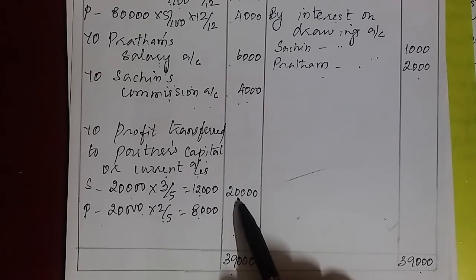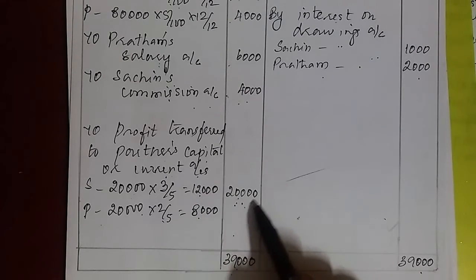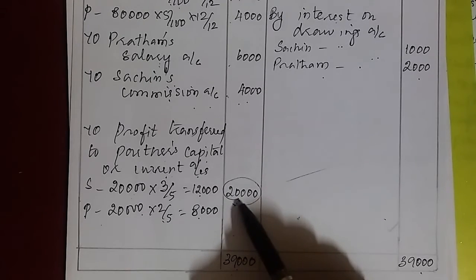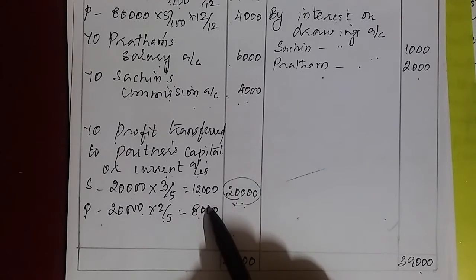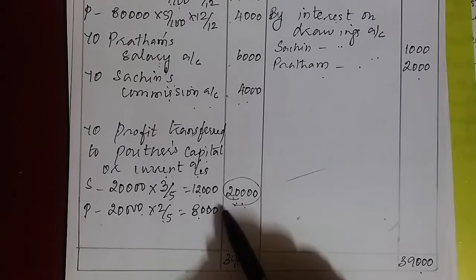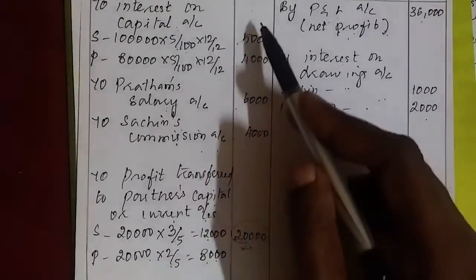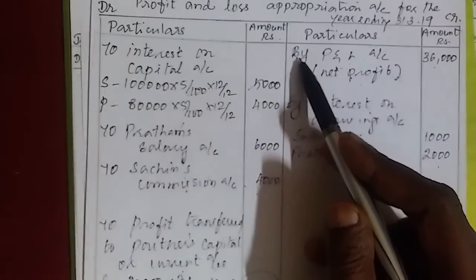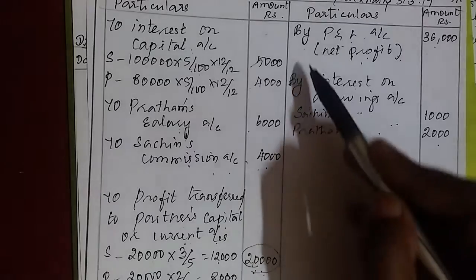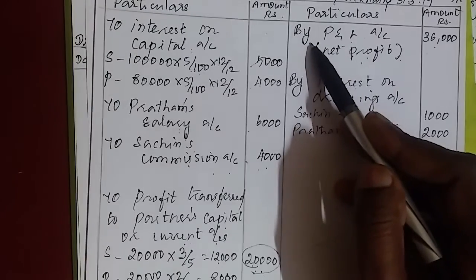We transferred this profit to the partners' capital or current account, which is very important. Only this value we will take when we prepare the partners' capital account. To know this balance, we prepared the P&L appropriation account.